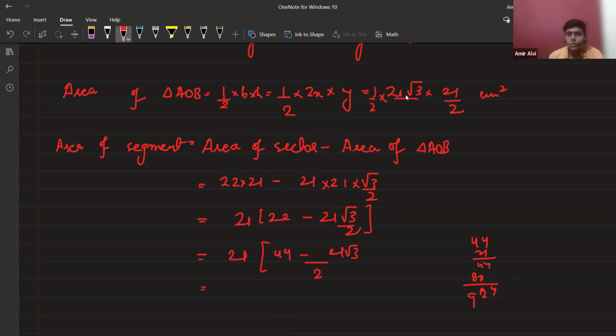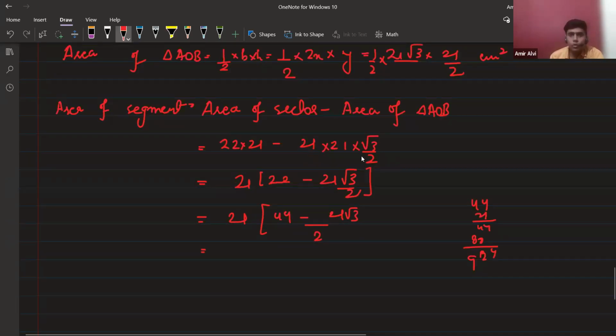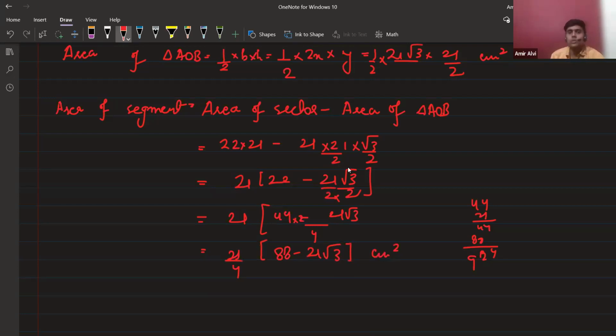So here 1 by 4, so 4 will come here. So 21 by 4, if you do this calculation, will be equal to 21 by 4 into 88 minus 21 root 3 centimeters square. Clear, everybody?